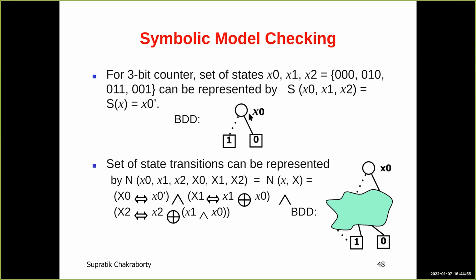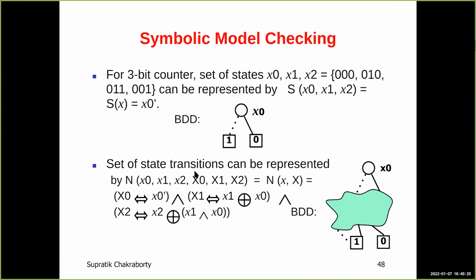And what you see immediately is that the formula representing a set of states can be much, much more succinct, much smaller than the size of that set of states. And this is what we wanted, because the total number of states is very large, so the sizes of the sets of states will also be large. We don't want to represent them explicitly. We want to represent them using small compact formulas, which can be represented using BDDs or AIGs.